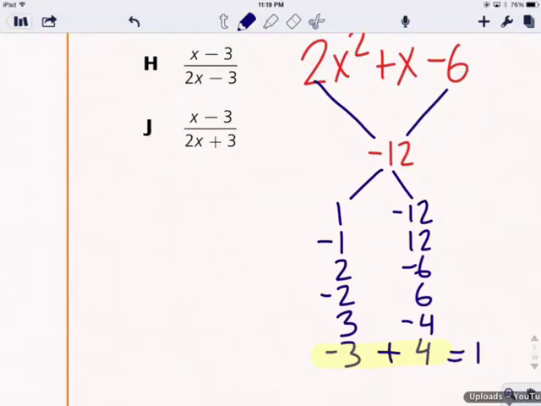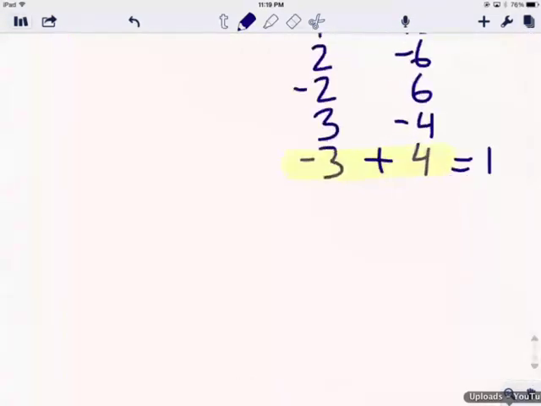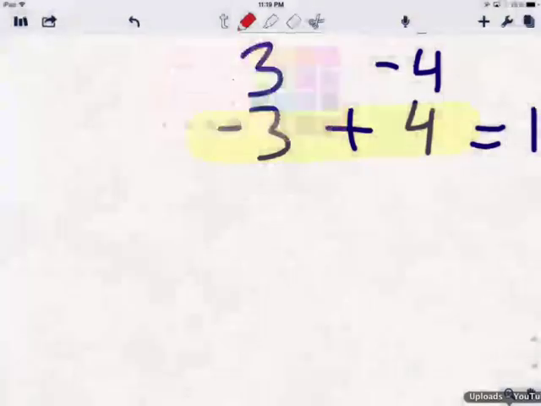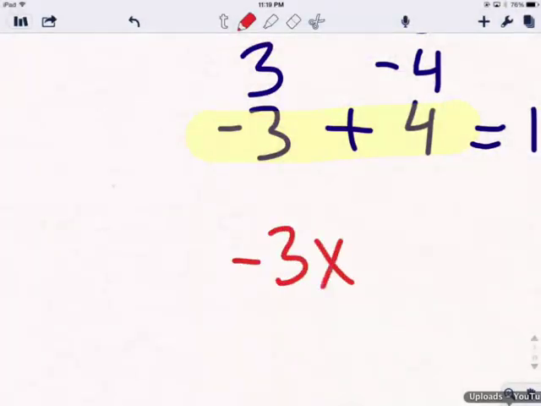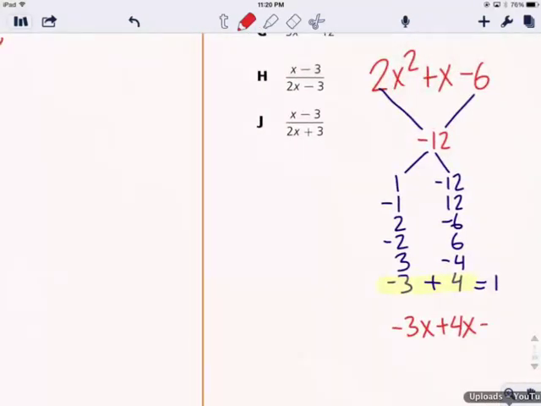So the way that we continue on with this method is to say, all right, now let's split up the middle term, negative 3x plus 4x. Everything else stays the same. So we're going to have a minus 6 out back and a 2x squared out front. Okay, you see how I did that? The only thing I did is I split x into negative 3x plus 4x.